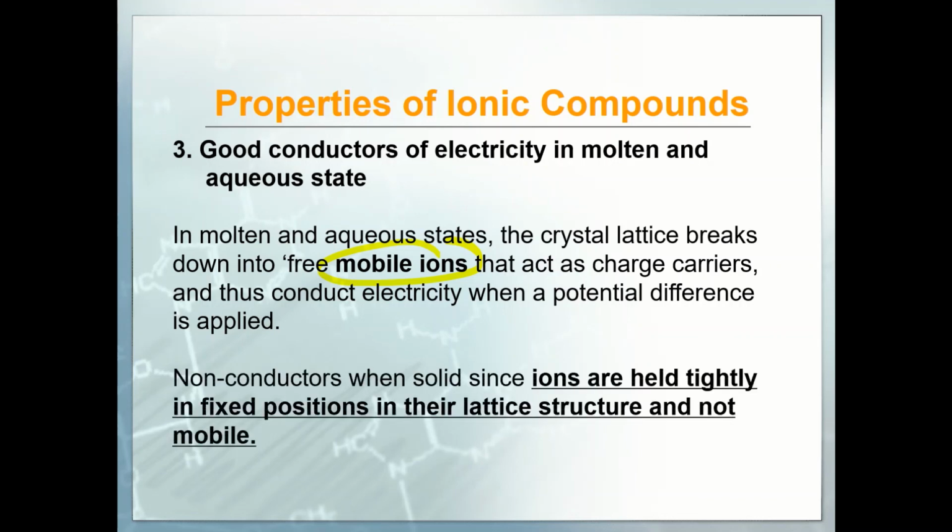Take note that ionic compounds are unable to conduct electricity in solid state, because in solid state the ions are fixed in the lattice structure. When they are fixed, they are not mobile, so they cannot act as charge carriers when the potential difference is applied.